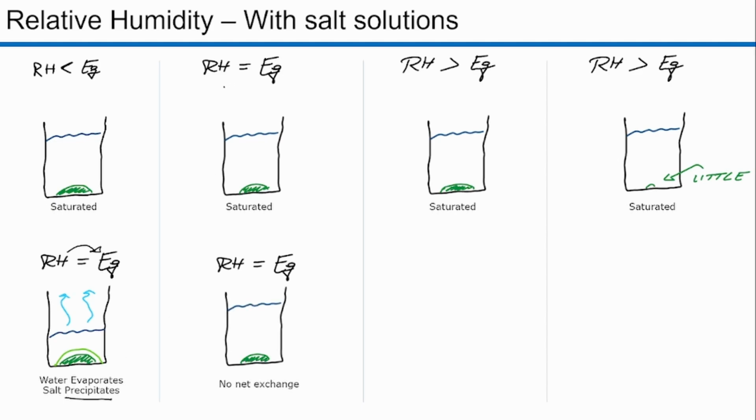If the relative humidity is the same as the equilibrium, we don't have a net exchange of water between the vapor and liquid phases, so it seems that nothing is happening. On the other hand, if the relative humidity is higher than the equilibrium, we will have more water coming into your solution, and it will dissolve your salt.